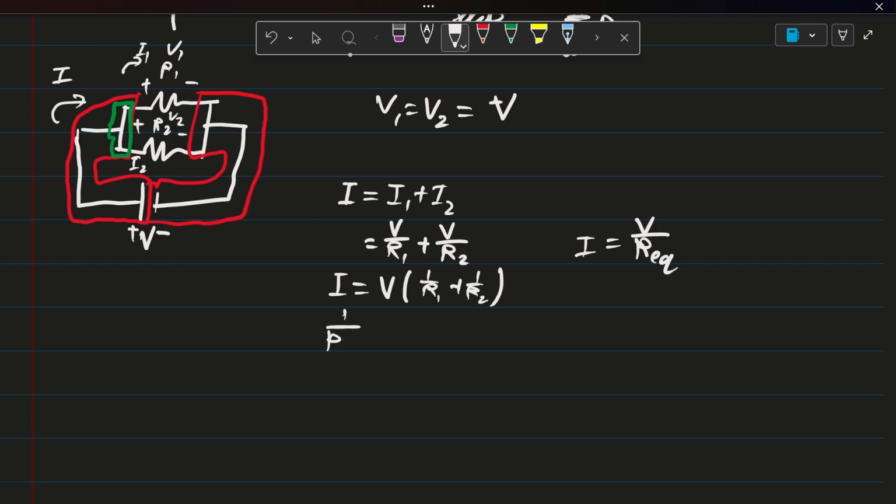Here's something interesting: the reciprocal of the equivalent resistance is the sum of the reciprocals of the resistances, which you sometimes call conductance. It's the same as if you draw something like this.